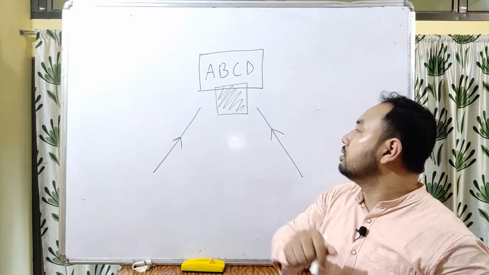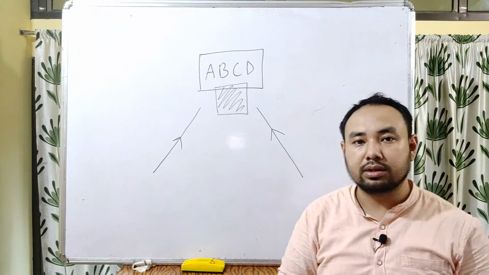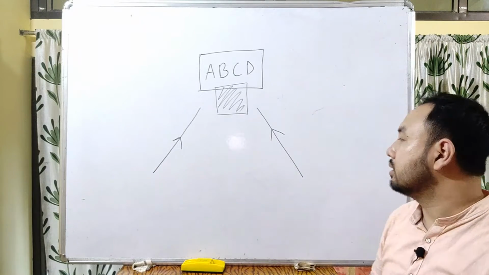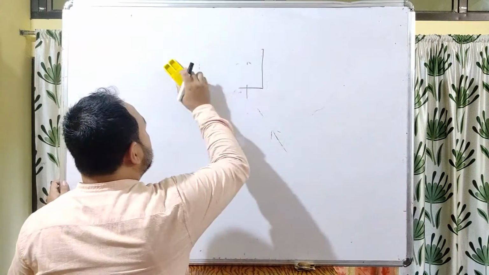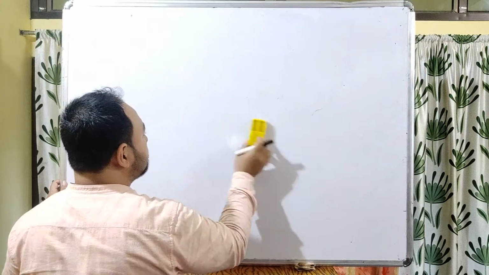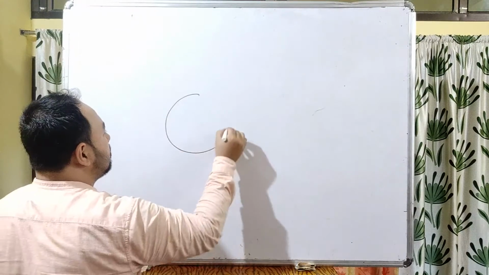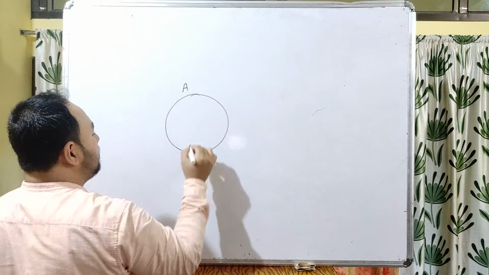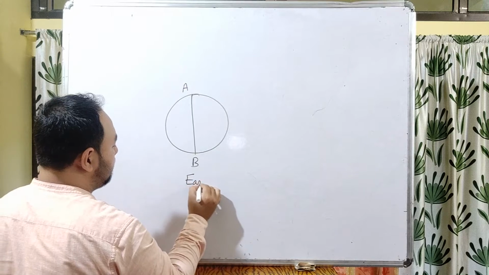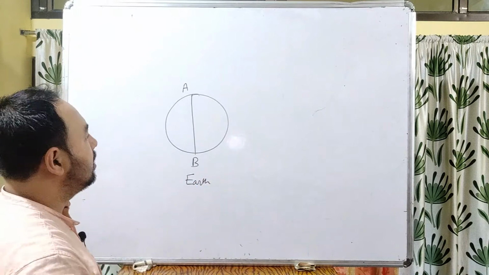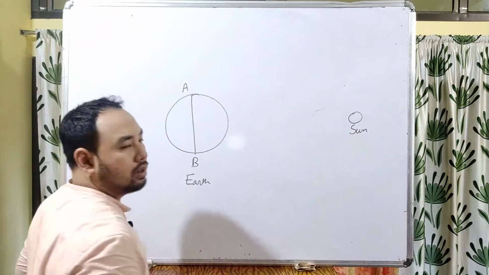So this change in our view from two different locations is known as parallax. Now we will consider two different positions diametrically situated on the surface of the earth, and let this be the sun.